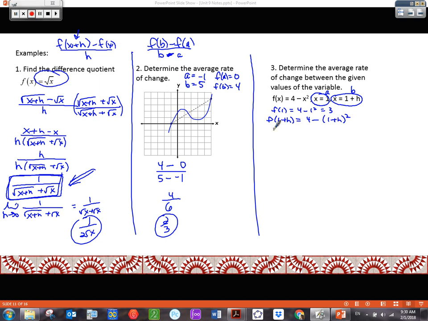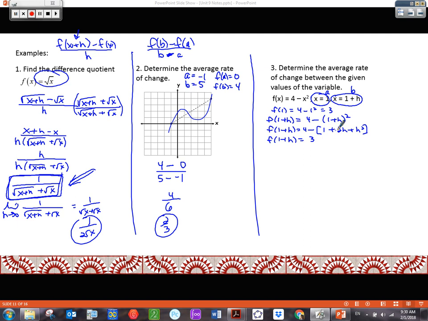So let's do that. So f of 1 plus h is 4 minus, and some of us can FOIL in our head, which is perfectly fine, or if you need to expand it, that's fine too. So that's going to give us what? 1 plus 2h plus h squared. So let's clean this up a bit. So let's see, 4 minus 1, that gives me a 3.